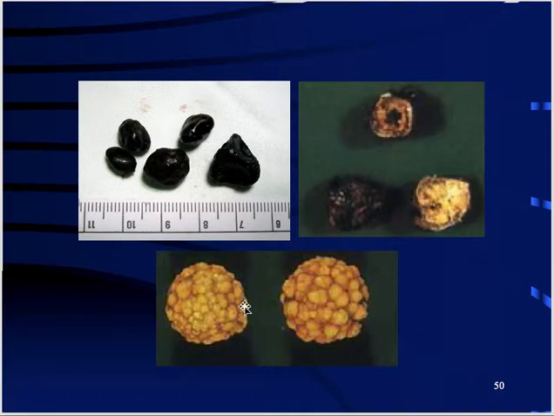In other words, most of the stones in developed countries are secondary stones, whereas the primary stones are formed in the bile duct. The secondary stones formed in the gallbladder are usually cholesterol stones, whereas the primary stones are usually pigmented stones, or brown pigment stones.